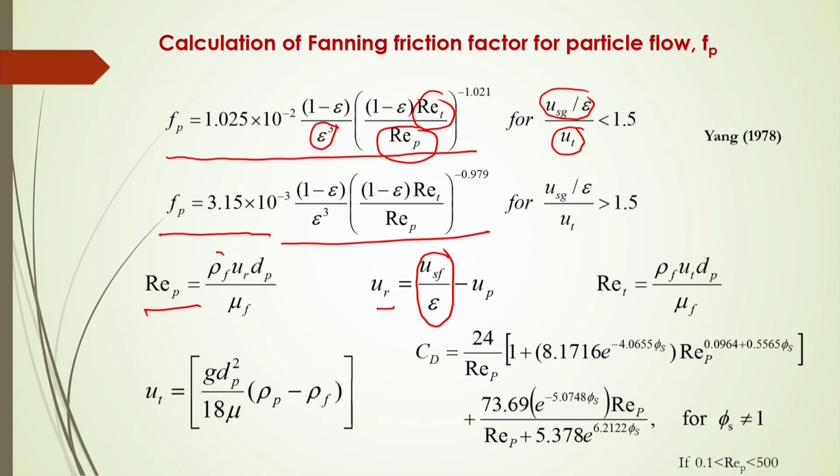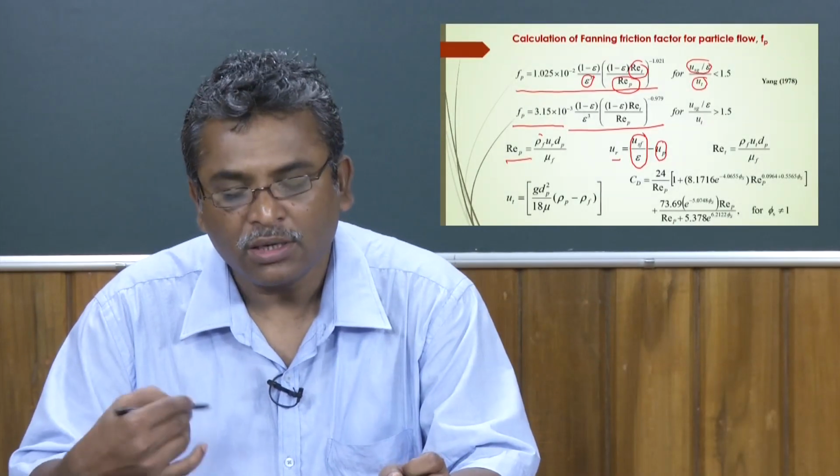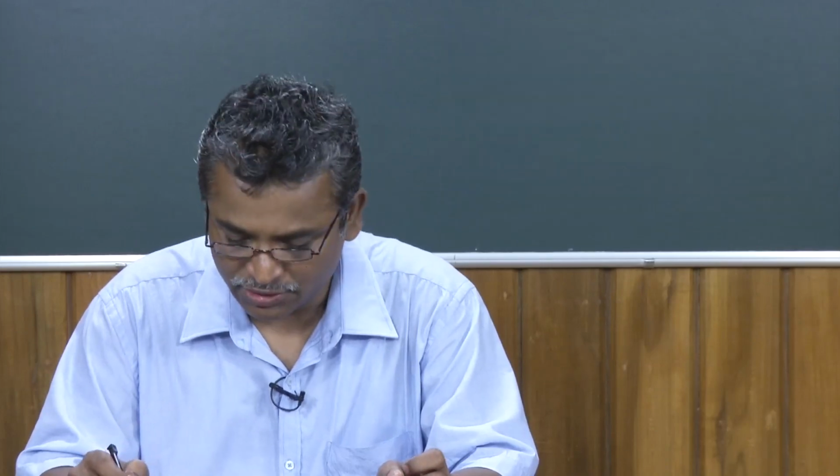Now, if you subtract the particle velocity from the actual gas velocity, you will get the relative velocity at which these particles will be moving upward inside the fluidized bed.